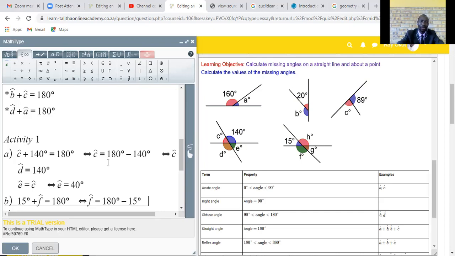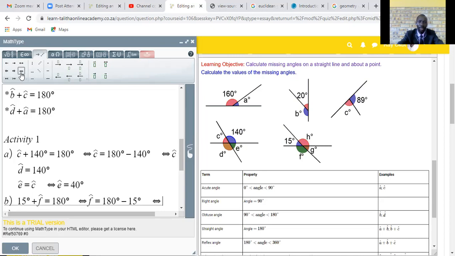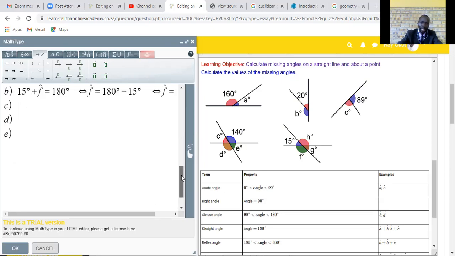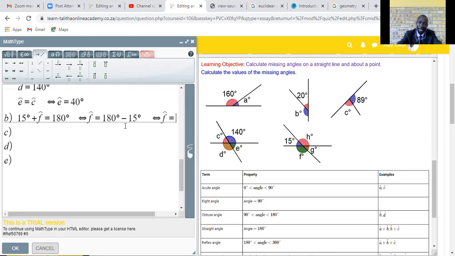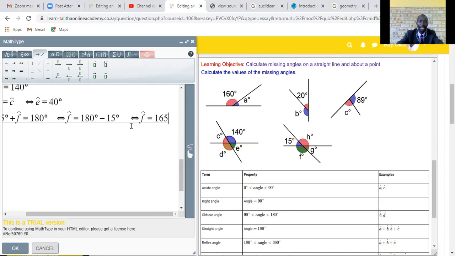Well, what is 180 degrees minus 15 degrees? 180 minus 15 will be 165 degrees. So we therefore say F equals 165 degrees. That's the value of F.